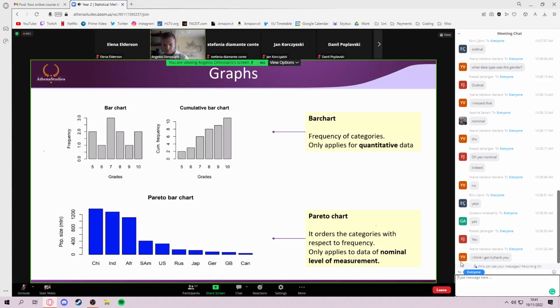So let's now discuss the graphs. The first one is the bar chart. The bar chart is usually for categories or for quantitative data. What we see here is the frequency on the y-axis, and how frequent each grade is.